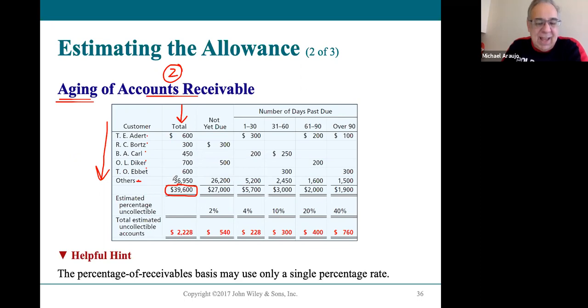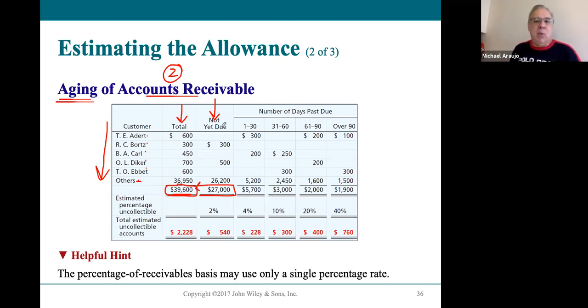Okay. And then you got to understand what a receivable is, right? You're selling to someone on account, you're giving them 30 days to pay you. And so most of these receivables probably aren't due yet. And as you see here, of the $39,600 that is the total receivables, 27,000 of that 39 is not even due yet.